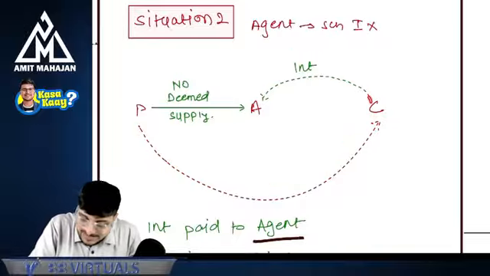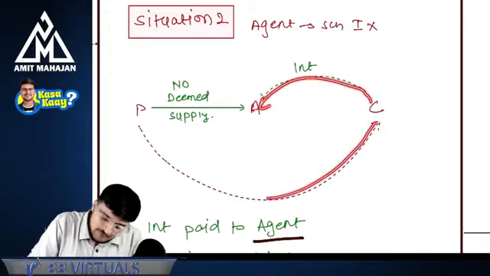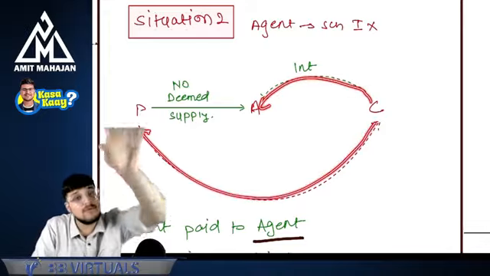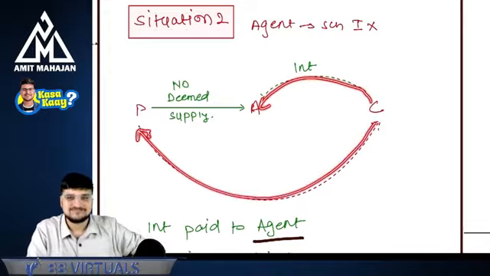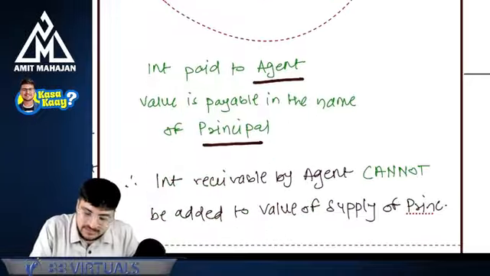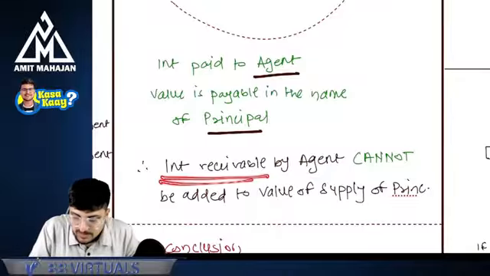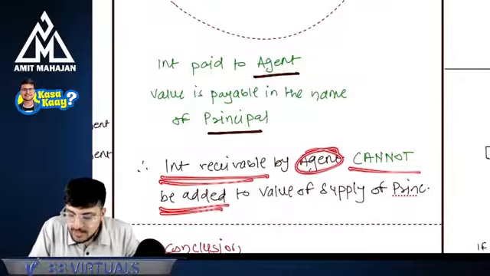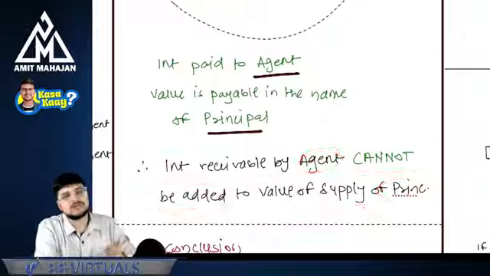No, because interest is getting paid to the agent and value is actually getting paid in the name of what? The principal. That's why interest is paid to the agent, value is payable in the name of the principal. That's why interest receivable by the agent cannot be added to the value of supply of the principal.